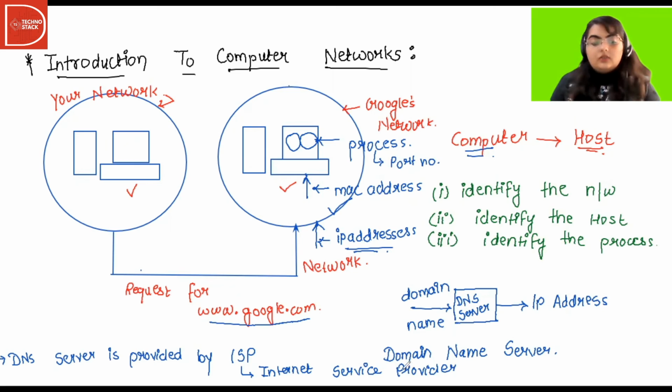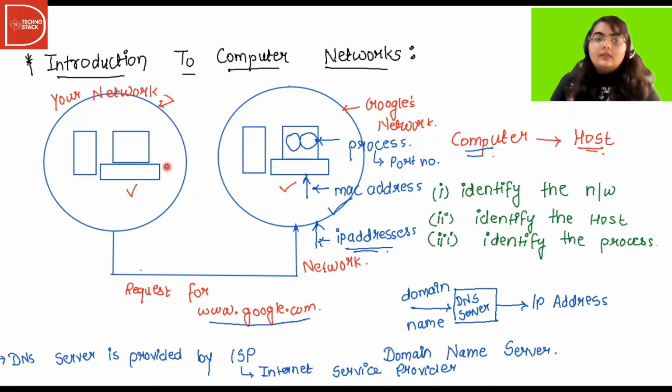Let's just recall. I have my network and my PC, which is requesting www.google.com, and I need to reach Google's network. In Google's network, they have a host server, and in that host server, there are many processes.